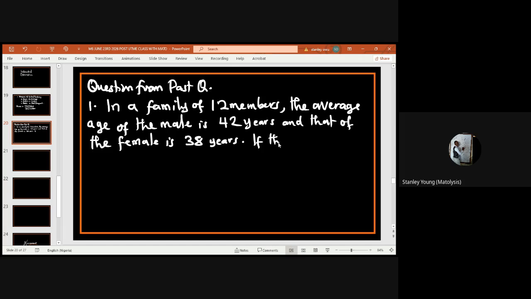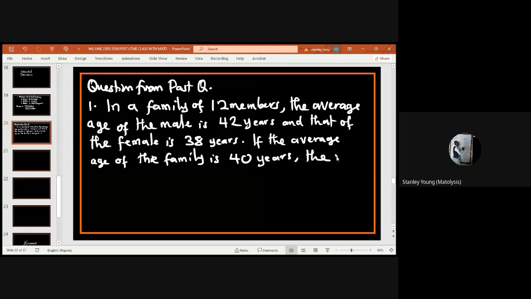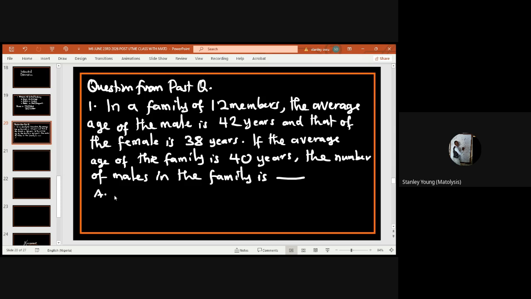If the average age of the family is 40, the question wants you to find the number of males in the family. We have options like 6, 5, 8, and 4.